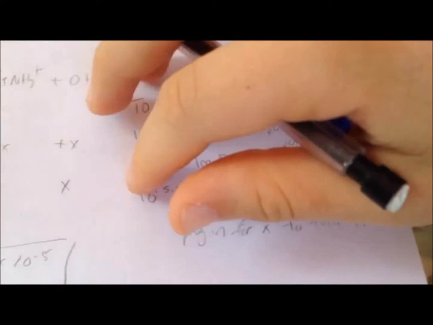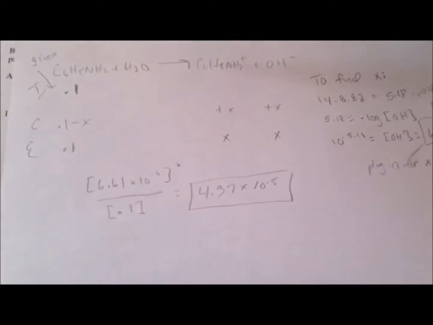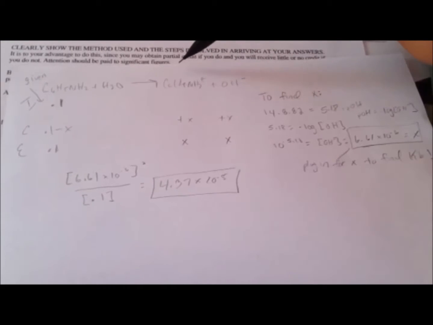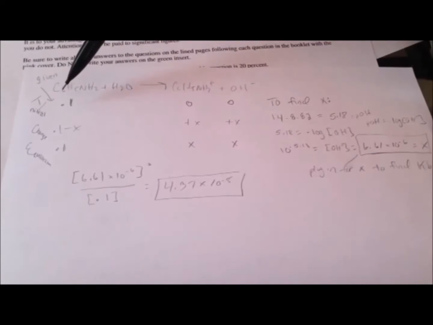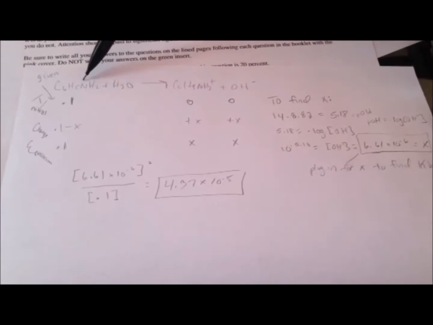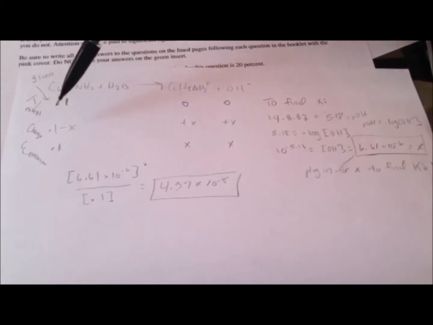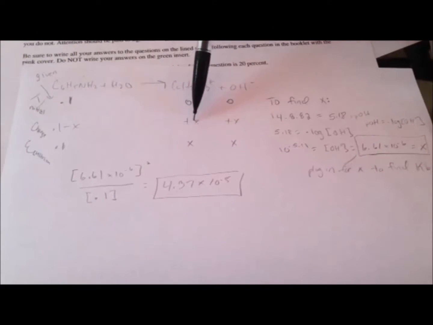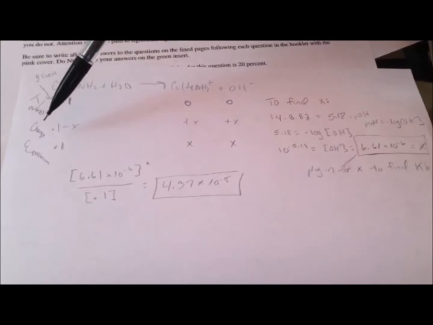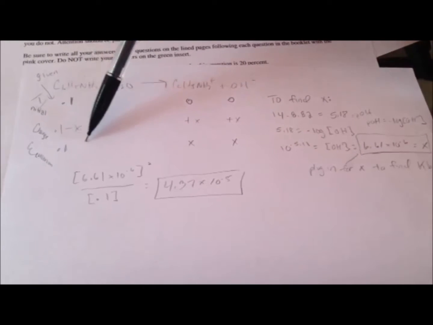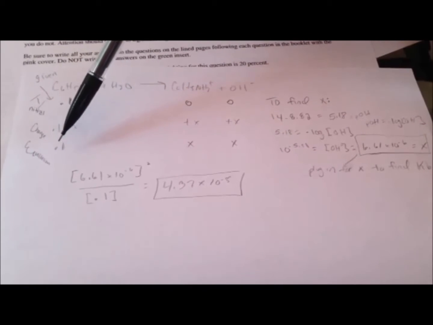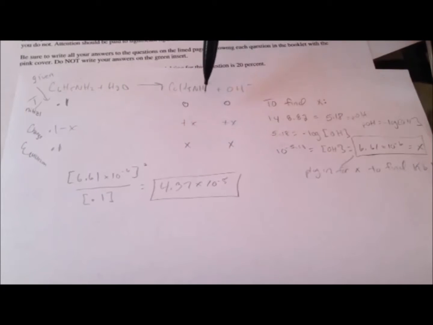Next step, to help us visualize it better, we need to get the molarity of the base and the conjugate acid in order to find the Kb. Initially, they've given us 0.1 molar of our weak base, and we have no product. We subtract x and add x to both sides. Now, at equilibrium, because x is so small, we can ignore it, and so we have 0.1 molar and x to be our products.